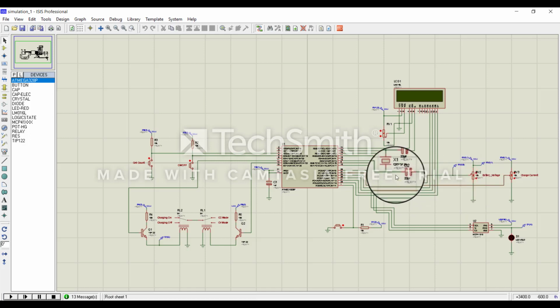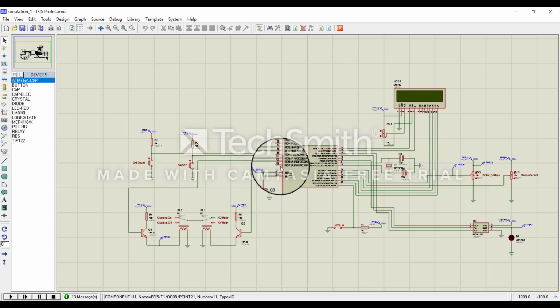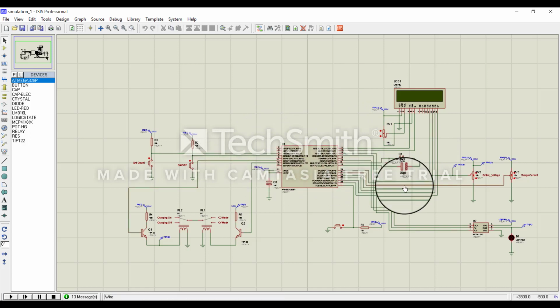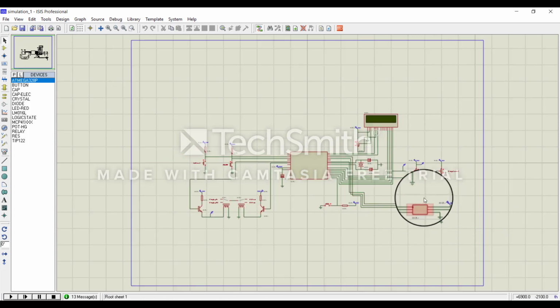When the interrupt is generated by the set cell count button, SPI commands are sent to the MCP4131, which is a digital pot IC.